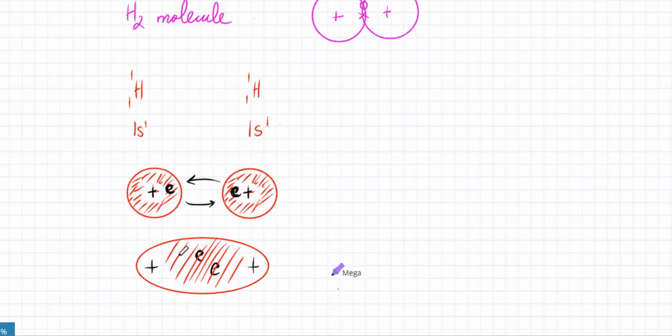The negative charge is now all distributed in this middle area, so the 2 electrons are mixed up. The new boundary of the orbital is going to be this one. The negative charge of the 2 electrons would be located somewhere in this area, specifically in the middle part. That will have the greatest probability of finding the electron. So is this clear? This first example?